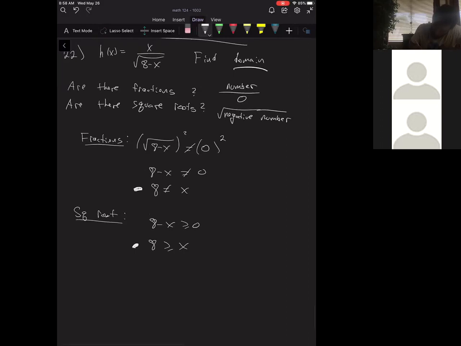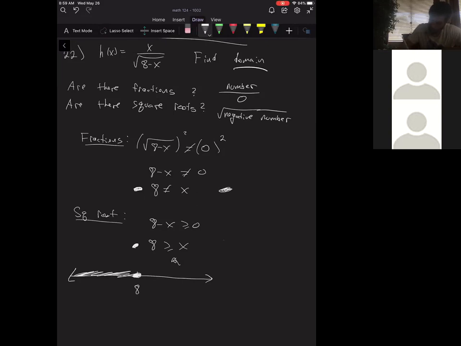Let's put these onto a number line, and we'll see something important happens here. This one says x can be less than or equal to 8. If we were just to graph this part, here's 8, we'd have a closed dot, and we would shade to the left. However, we have to take both of these pieces into consideration.